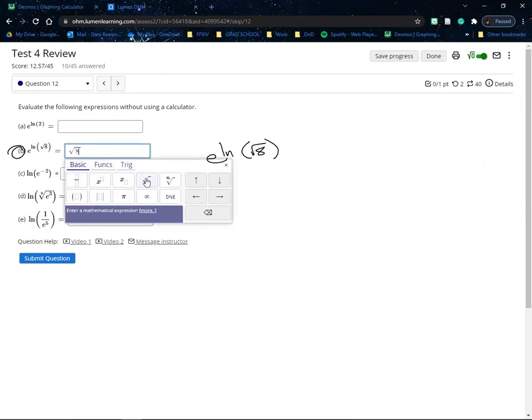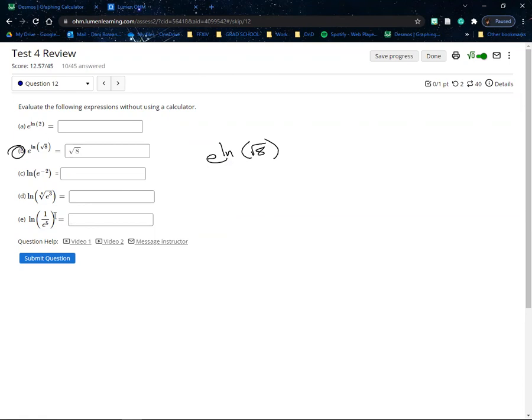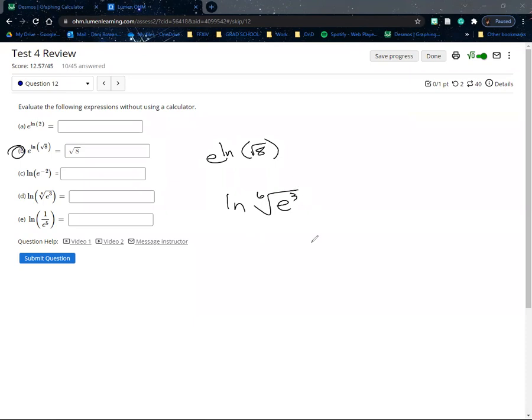What about D? Okay, that's a good one. So we have natural log of the 6th root of e to the 3rd.